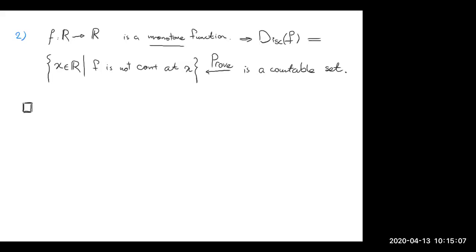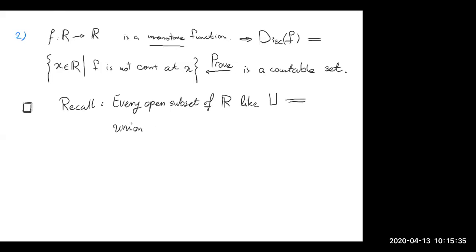If you remember, every open subset of R, like U, can be written as a union of countably many intervals.